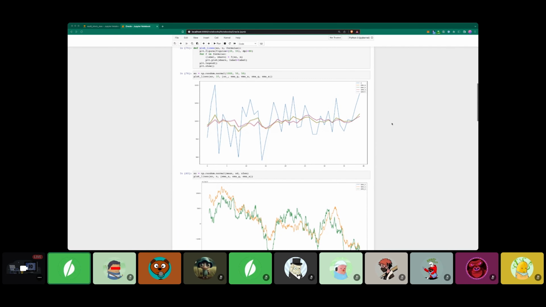the main four oracles that are going to be showcased today: a geometric EMA, an arithmetic EMA, a geometric SMA, and an arithmetic SMA. You can see in this chart here, this is just some random distribution about 1,000 with a standard deviation of 50, how these different oracles perform.